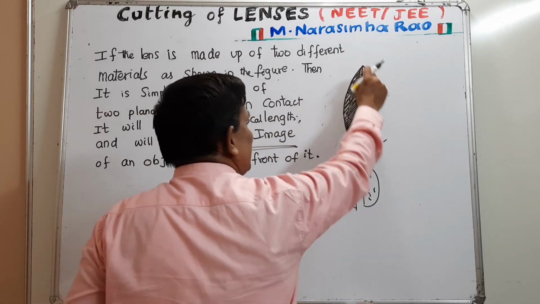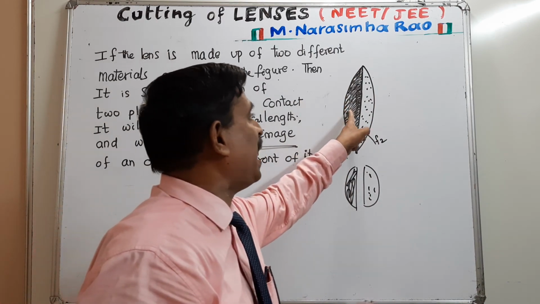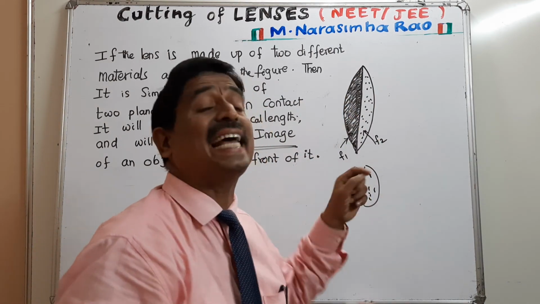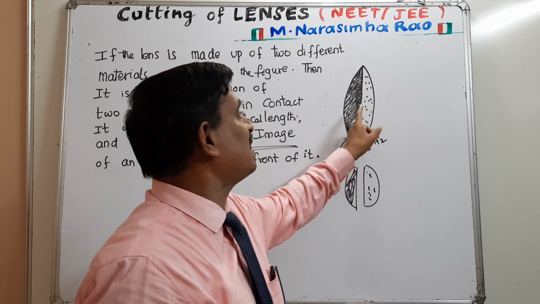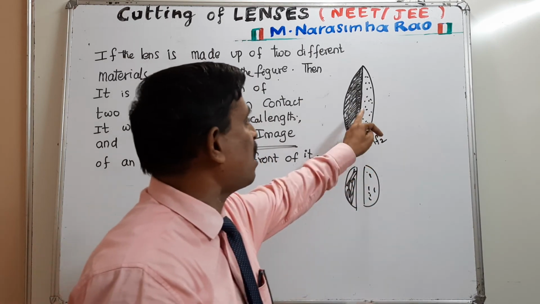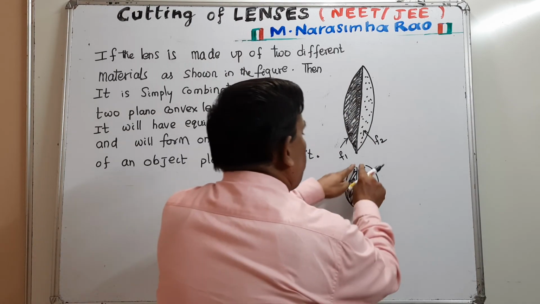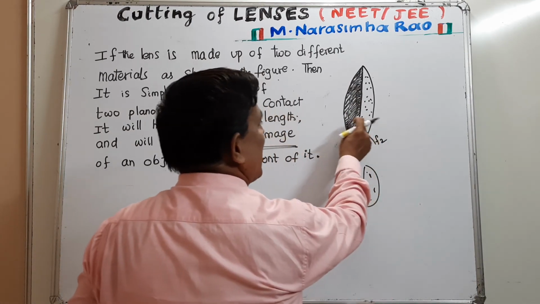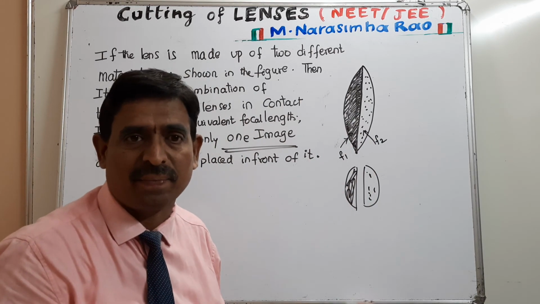This lens is the combination of two plano-convex lenses in contact with each other.